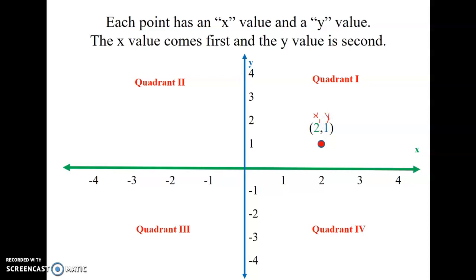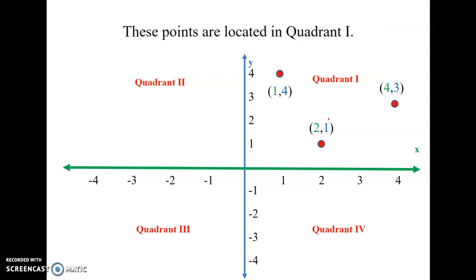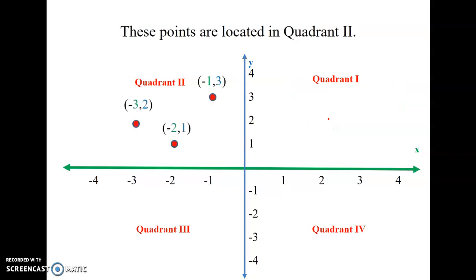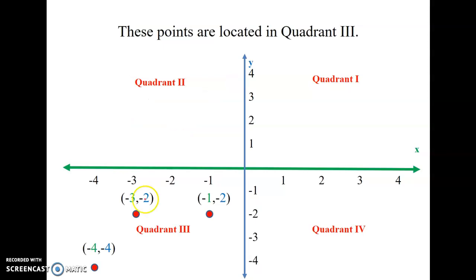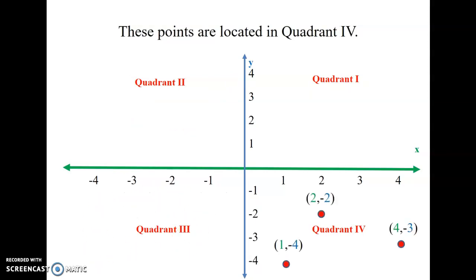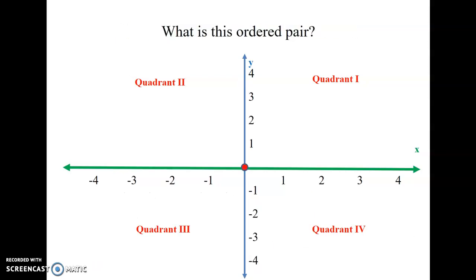That's going to be really important in a minute when we talk about how to graph these points. So these points here would be located in quadrant 1. Any point graphed over here would be located in quadrant 2. Any point graphed down here would be in quadrant 3, and then any point over here would be in quadrant 4.